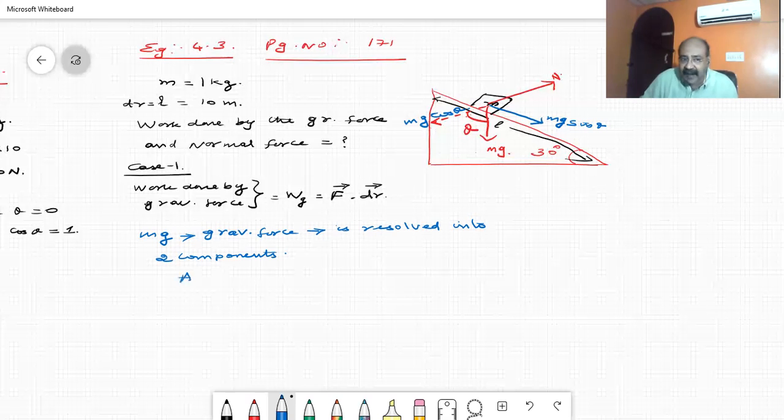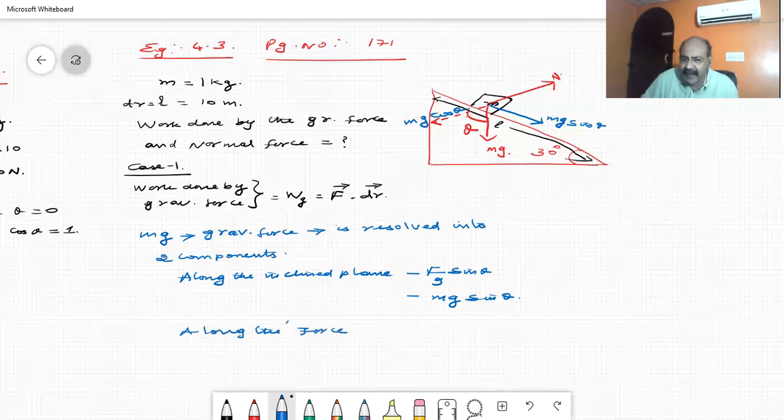So along the inclined plane, the component of force is Fg sin theta, or I can consider it as mg sin theta. And along the normal force, the component is Fg cos theta, or I can write it as mg cos theta.